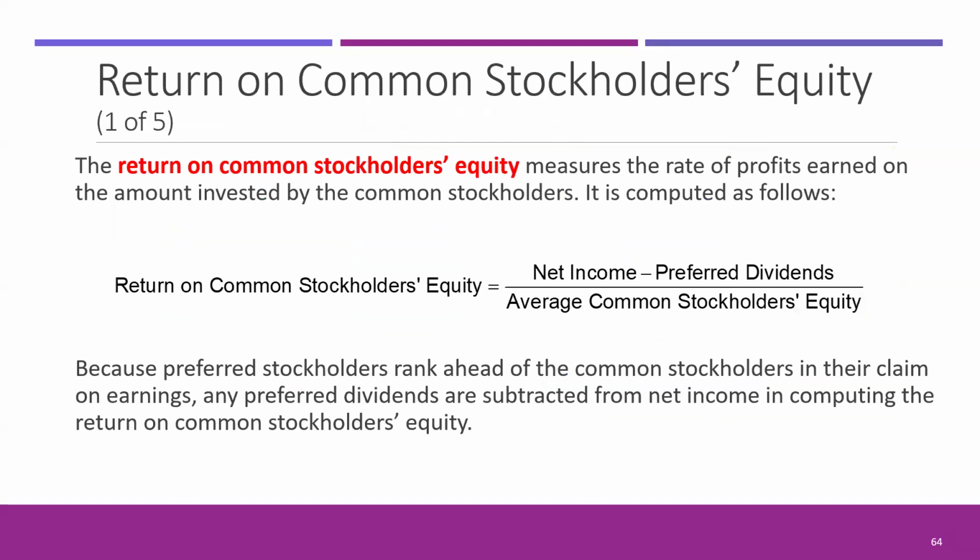So we can also compute the return on common stockholders' equity by taking net income, subtracting the preferred dividends, and then dividing it by average common stockholders' equity.